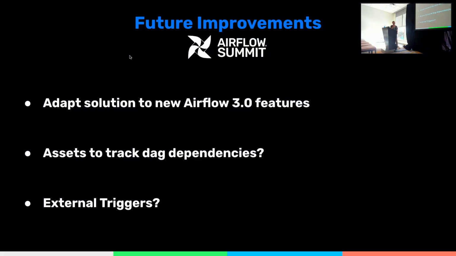I can create an asset for each Airflow task and DBT model, and create dependencies between different DAGs. And also, a lot of you are probably using Kafka or some PubSub solution nowadays. We are also thinking about getting rid of schedulers with cron, and maybe using external triggers for this. This is one of the improvements that we would like to work on.